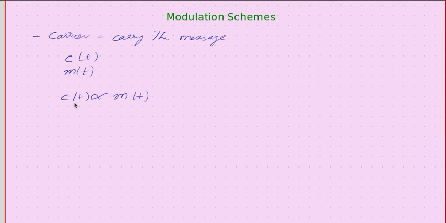So some property of the carrier should be made proportional to m of t, and if you could understand that at the receiving side and get the inverse, then our work is done. So at the transmitter side, some parameter of the carrier has to be varied according to our signal, which we usually call the modulating input, and the process is called modulation.